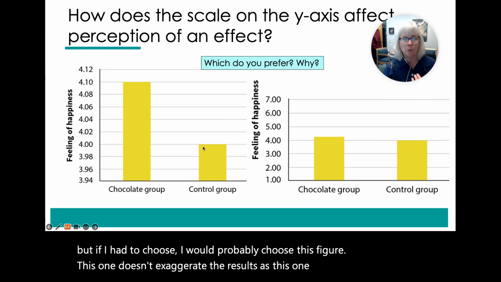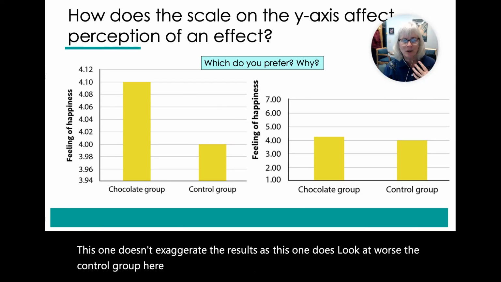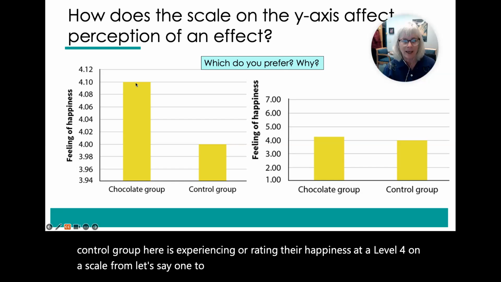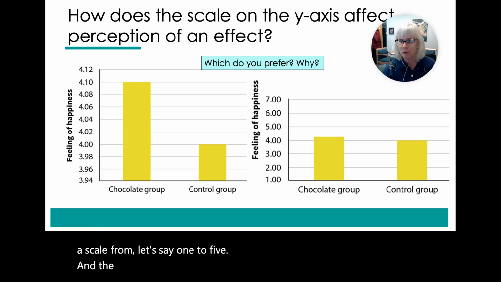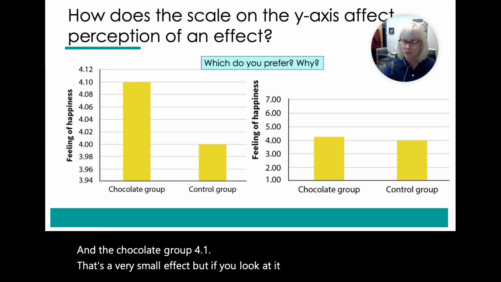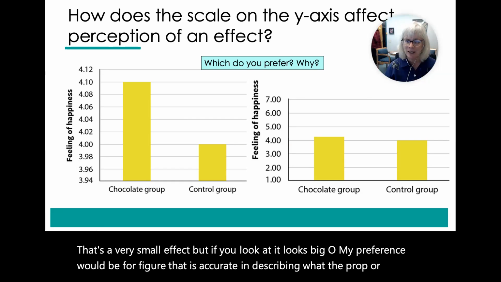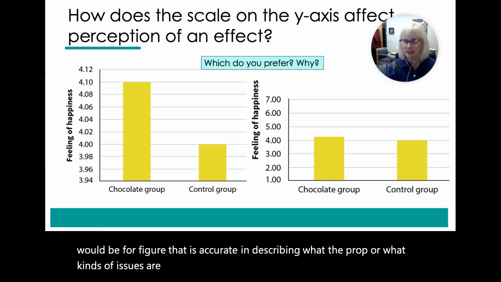Look at the control group here, experiencing or rating their happiness at a level 4 on a scale from, let's say, 1 to 5, and the chocolate group 4.1. That's a very small effect, but if you look at it, it looks big. So my preference would be for a figure that is accurate in describing what kinds of issues are being identified here.